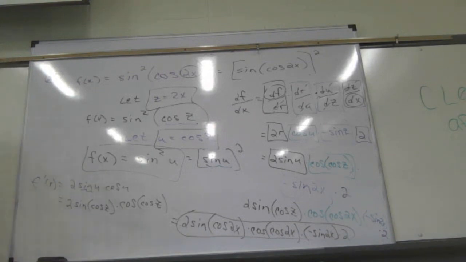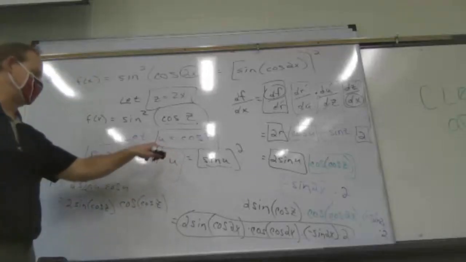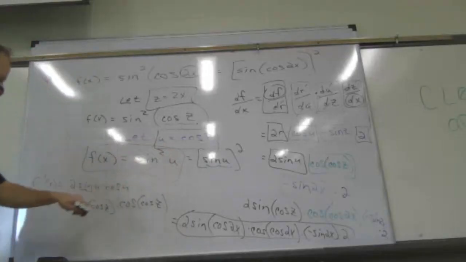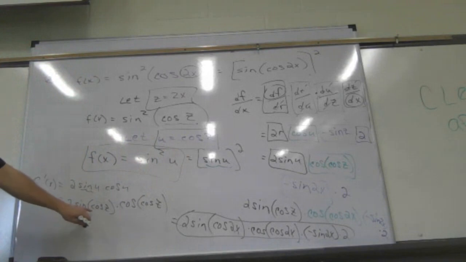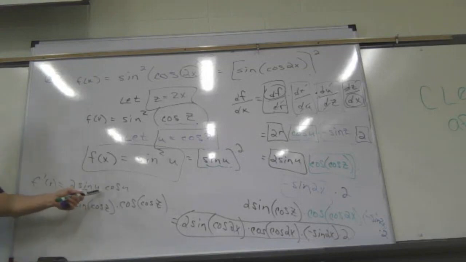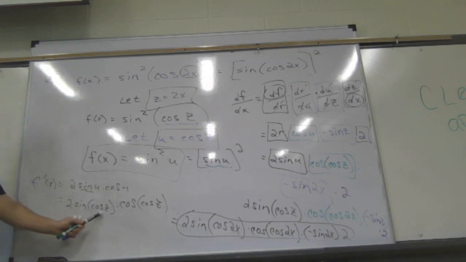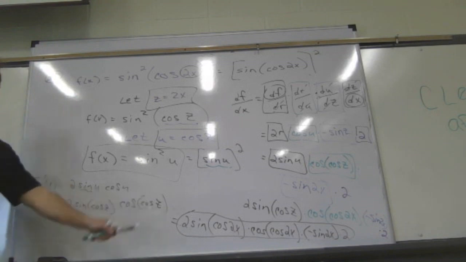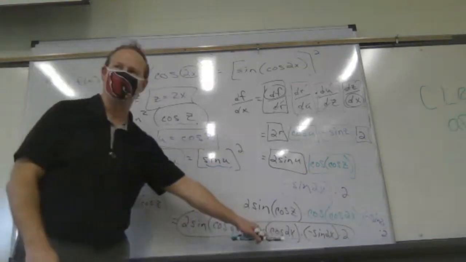Well, yeah, but if I just took the derivative of sine squared of u, it's 2 sine u cosine u, right? The derivative of the other one times. You did in the fraction thing. Well, but so what I'm saying is this doesn't end up being equivalent, because if I plug in z is 2x, it's 2 sine cosine of 2x, cosine of 2x, and you're missing some stuff.